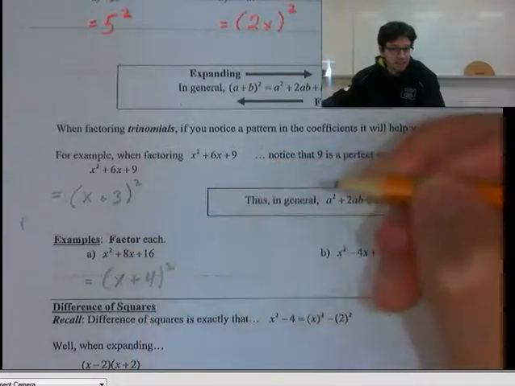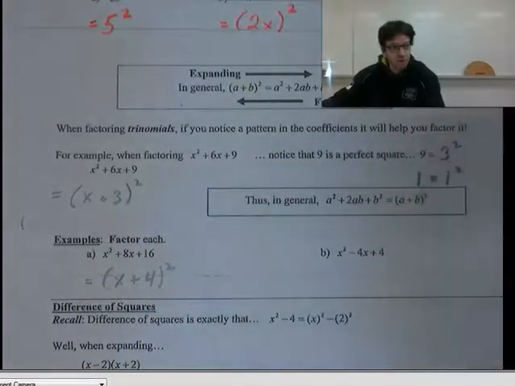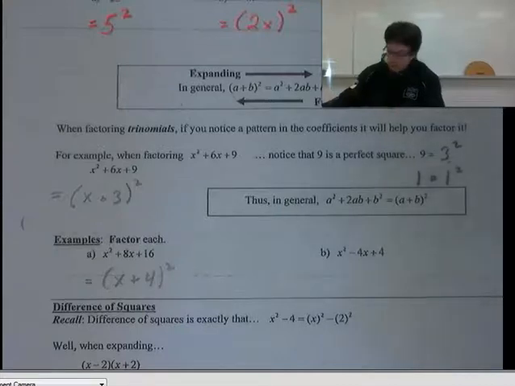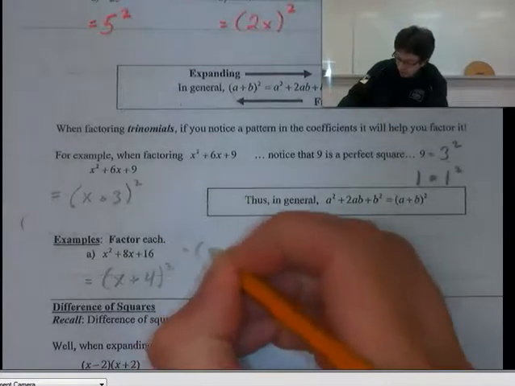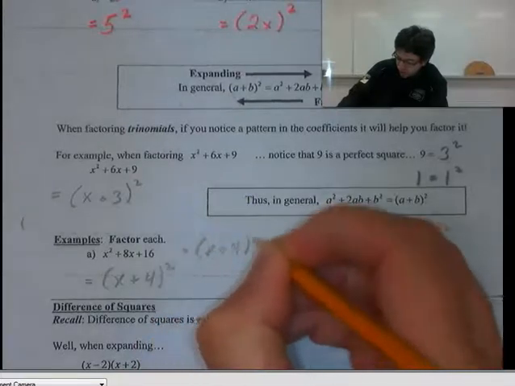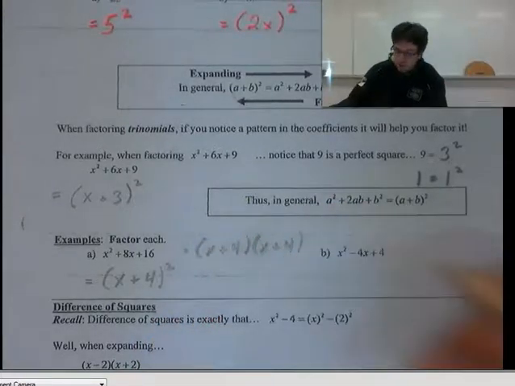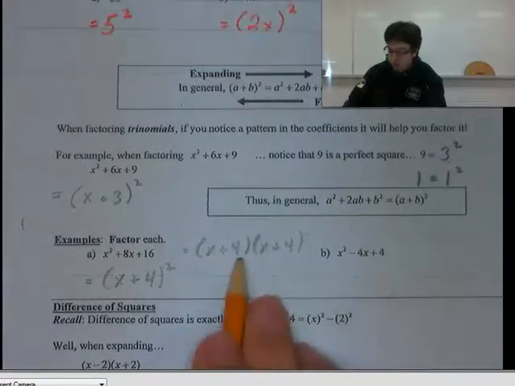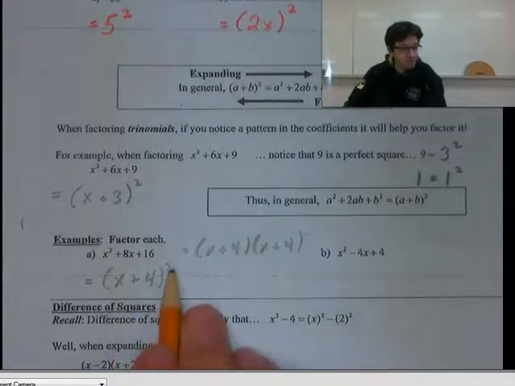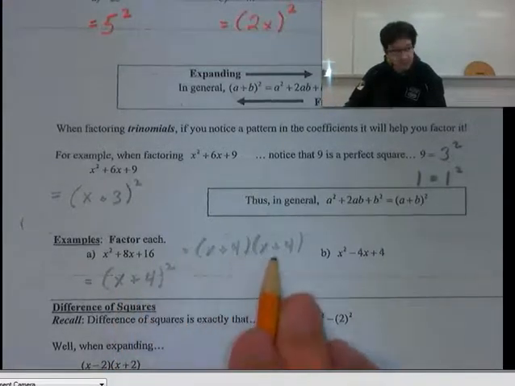In this case, those two numbers are the same, 4 and 4. That's sort of your hint that this is a perfect square. Because if you end up with x plus 4 times x plus 4, we can write that as x plus 4 squared, because it's just being multiplied by itself.